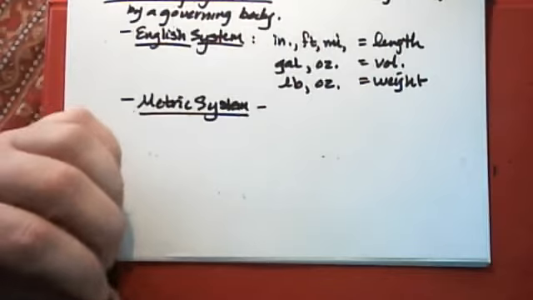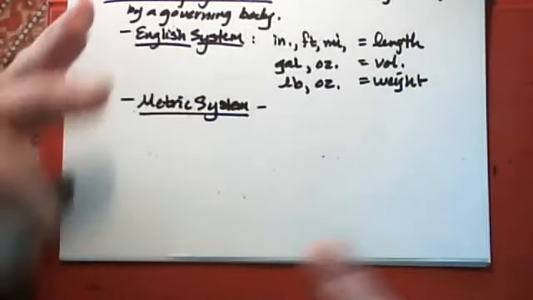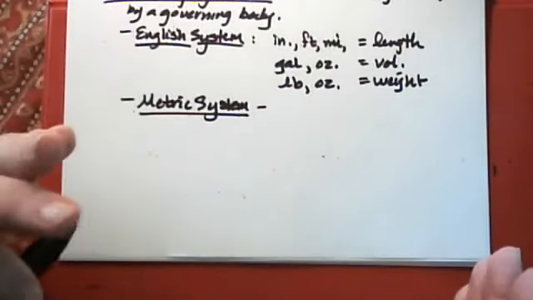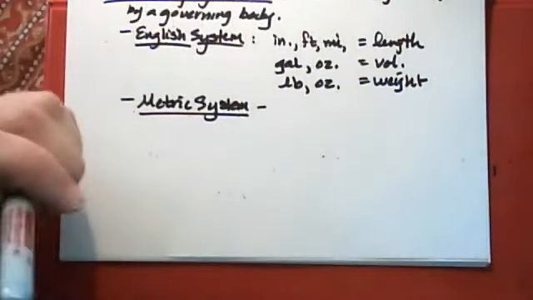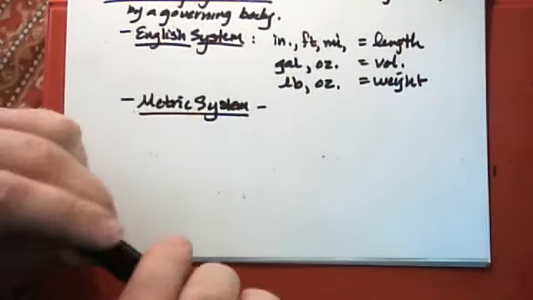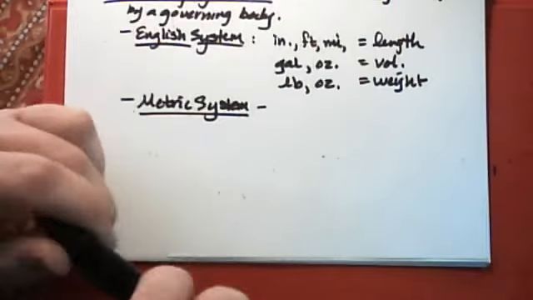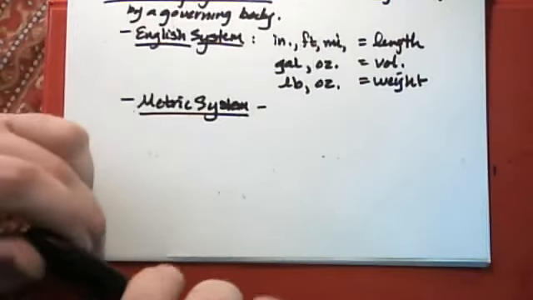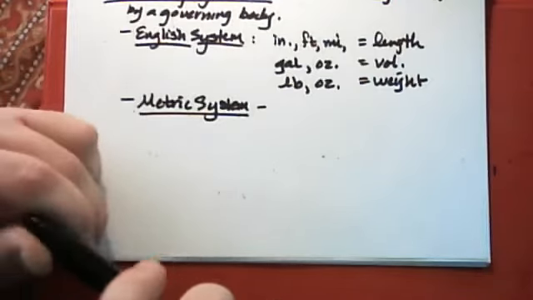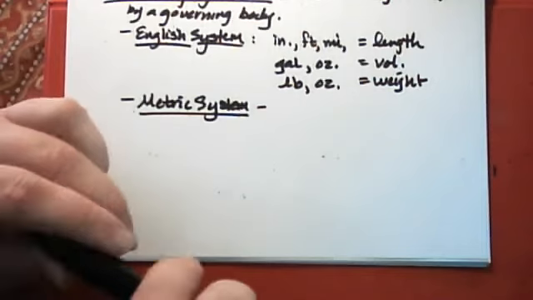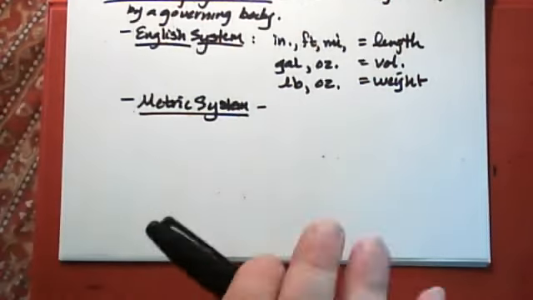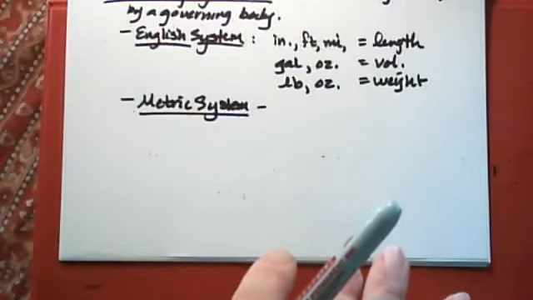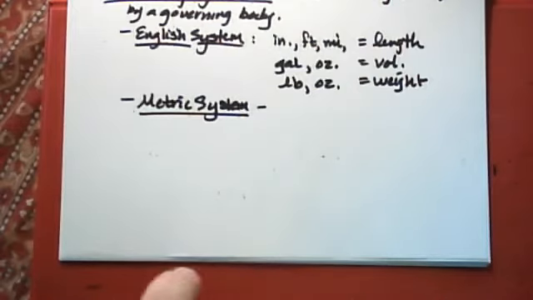It's also an advantage that they based the system on things that were readily available. Well, not maybe readily available, but things that didn't change from one place to another. So the meter was based on 1/10,000,000th of the distance from the North Pole to the equator, going along the surface of the Earth. That is a value that doesn't change from time to time, so it was a constant value.